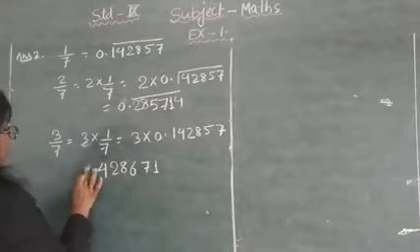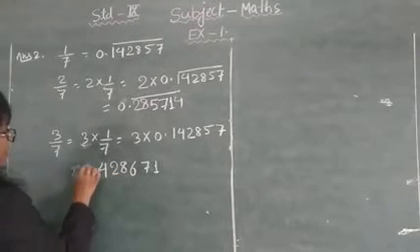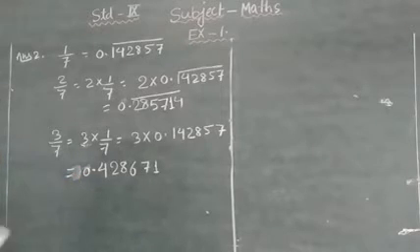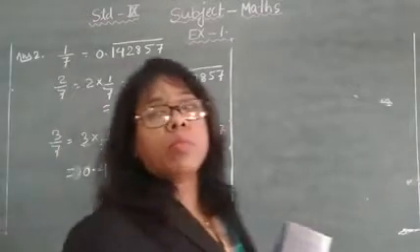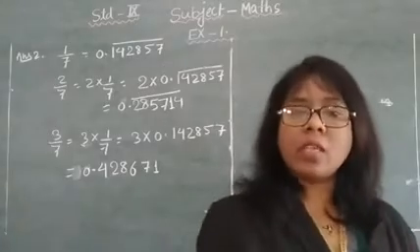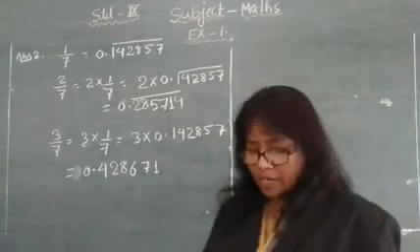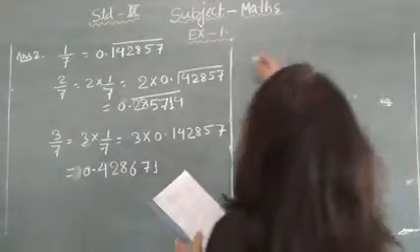So the answer is 0.428671. In this way you can find 4/7, 5/7, 6/7, 8/7, any number you can find. Now come to question number 3.